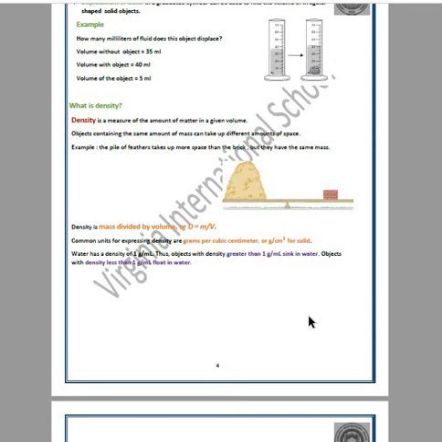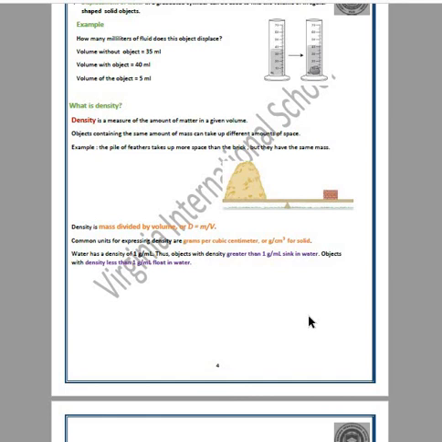So it's obvious that the rule of density is mass divided by volume, because we measure the amount of matter in a given volume. Which means if we have a cup of liquid that has a solid inside it, we measure the amount of the solid in this cup of water.